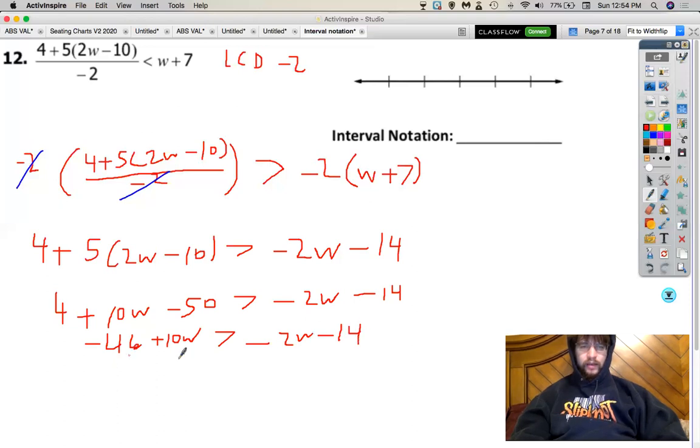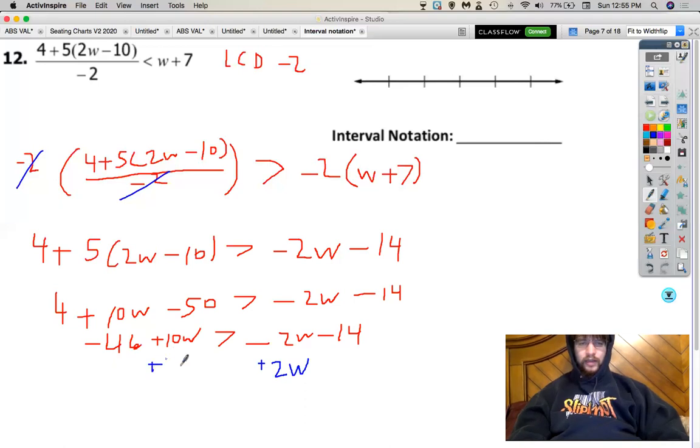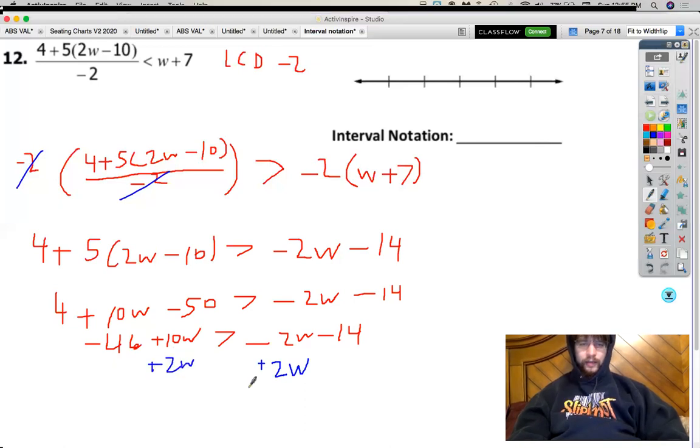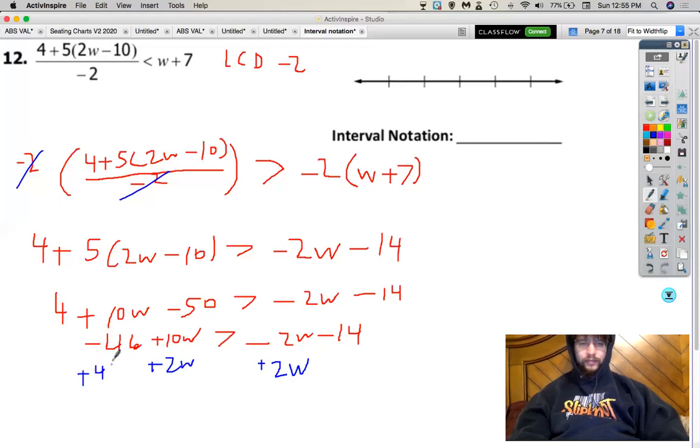Then I need to get my numbers on one side, my variables on the other. Doesn't matter which. I'm going to go ahead and get my variables on the left because that's standard notation for solving inequalities. I'm going to add 2w to both sides, and to save space since we're running out of it, I'm going to go ahead and add 46 to both sides as well.